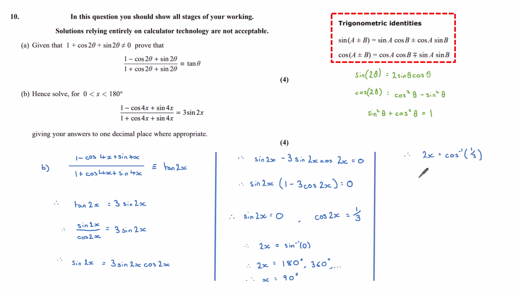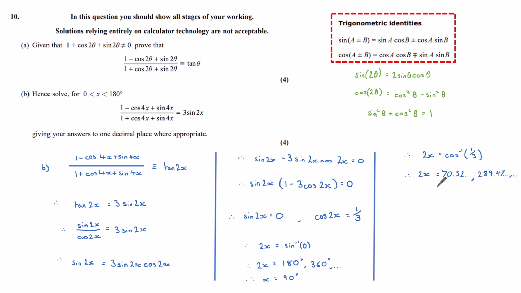Solving the cos 2x, so 2x is equal to cos to the minus 1 of a third. On my calculator, that gives me the initial value of 70.52 and so on. On a cos curve, my second value will come from 360 minus this value. The term after would be 360 plus this value, but I would be then outside my range.